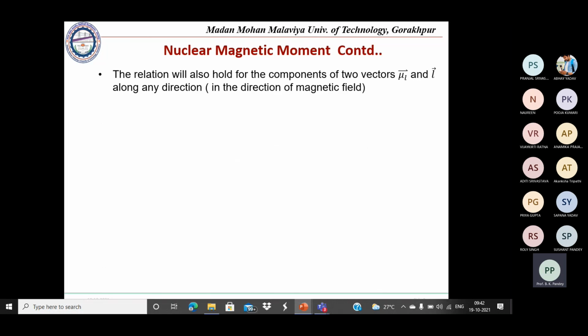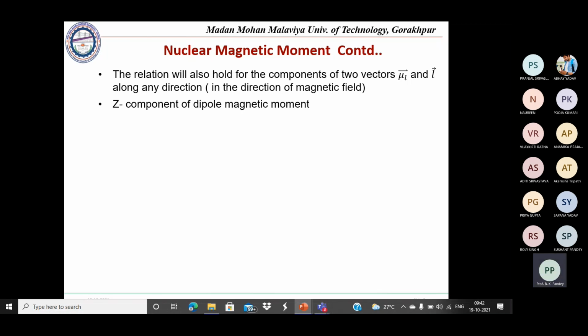The relation will also hold for the components of the two vectors, mu L and L, along any direction, in the direction of the magnetic field.